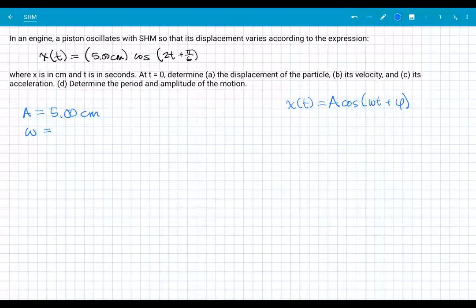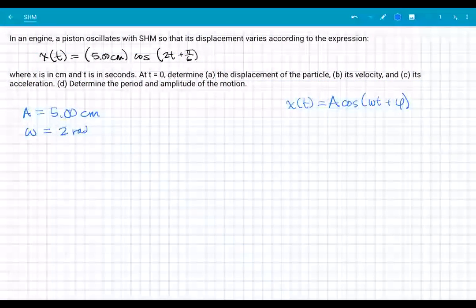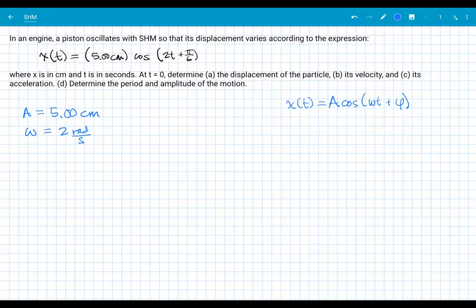So what that must be there is 2 radians per second. And that's just given as a 2 with that 1 sig fig there, so I'm just going to write it that same way.